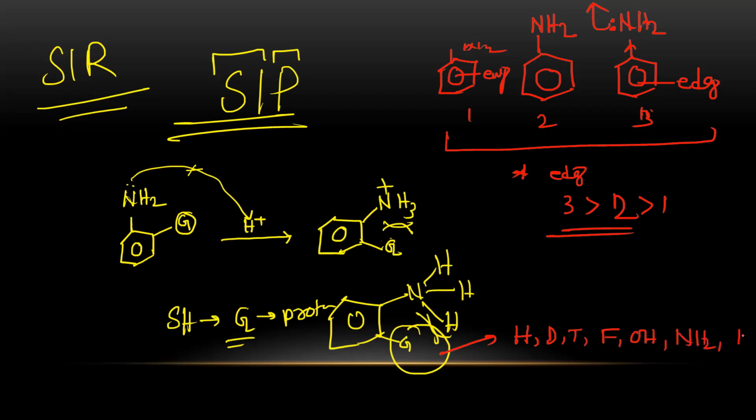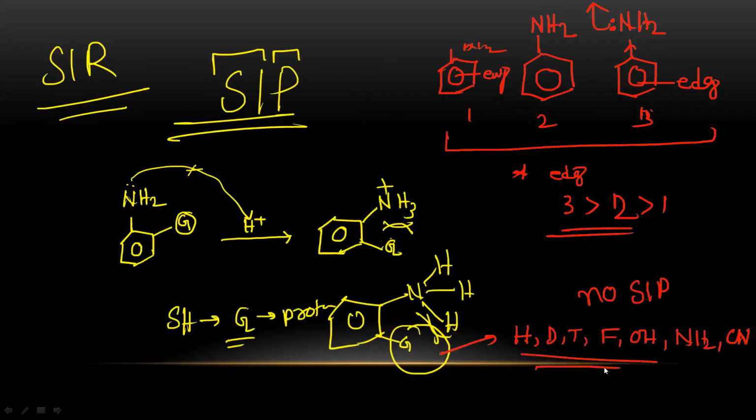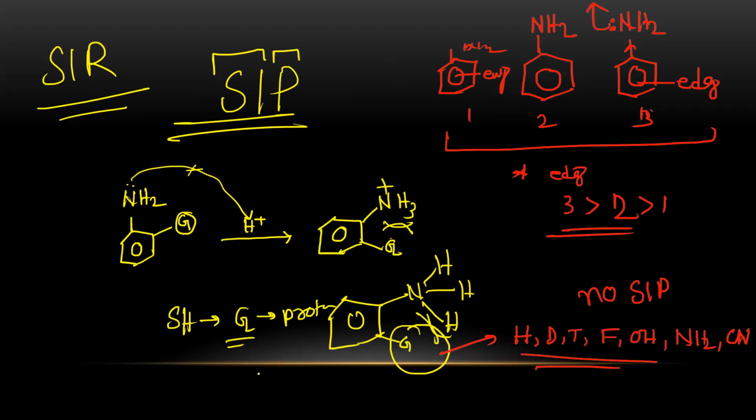NH2 and CN. With these groups, there will be no steric inhibition of protonation. And a similar thing also applies for this ortho effect. If in place of CH3 these groups are there, then also there will be no ortho effect or steric inhibition of resonance.